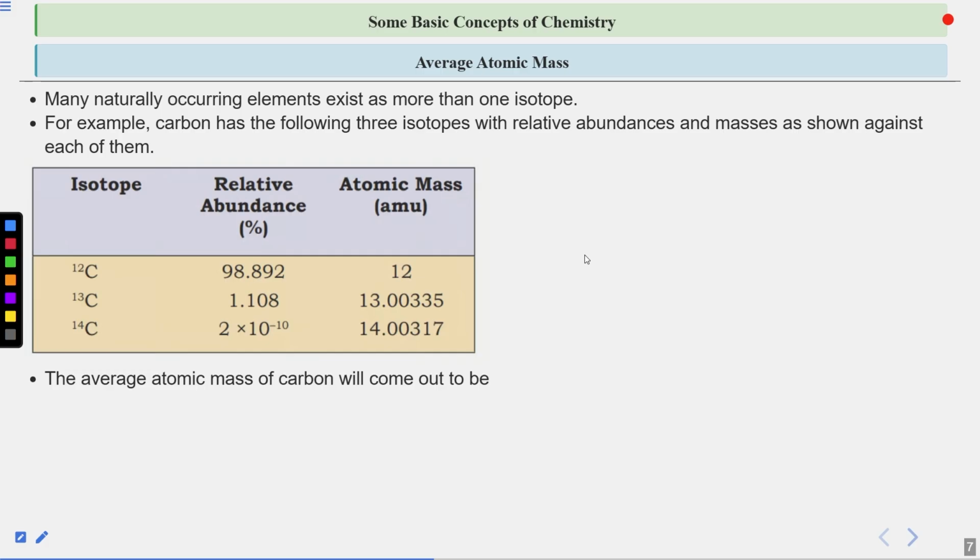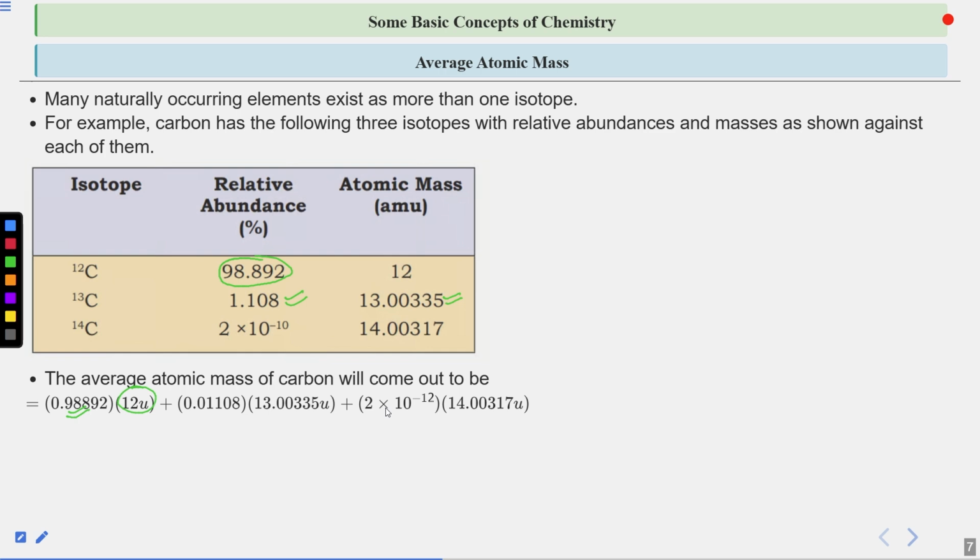The formula goes like this. It is simply the relative abundance multiplied by the atomic mass. Remember, we have taken the relative abundance, not the percentage relative abundance, so the percentage is just divided by 100. This is equal to 0.98892 multiplied by the unified mass of carbon 12, which is 12 u. Again, the same thing with the relative abundance of carbon 13 multiplied by the atomic mass of carbon 13.